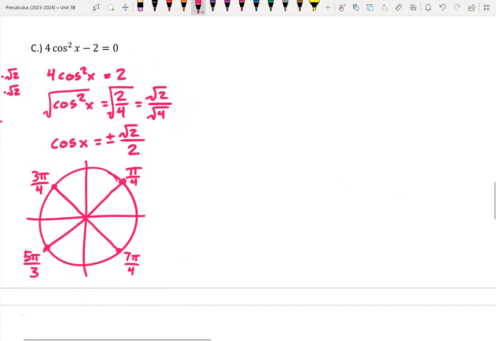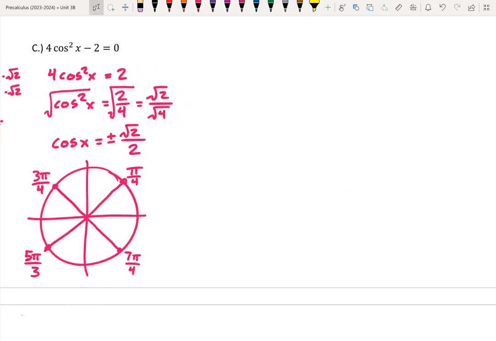All right. So again, we could list all 4 out. Seems like a lot, but you could. Pi over 4 plus 2 pi n. Let's see, 3 pi over 4 plus 2 pi n. 5 pi over 4.